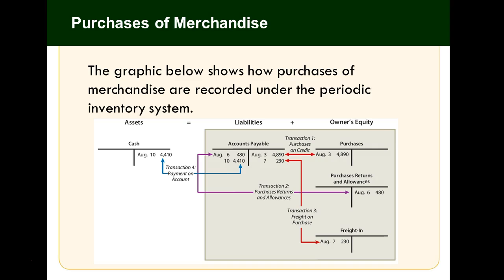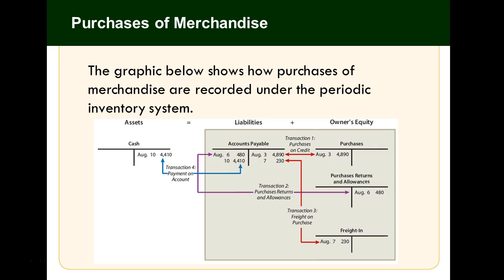So as you see here, under this periodic system, we're going to show purchases, we'll show purchase returns and allowances, and we'll show freight in. The difference between this periodic system and the perpetual system, remember under the perpetual we called it merchandise inventory?